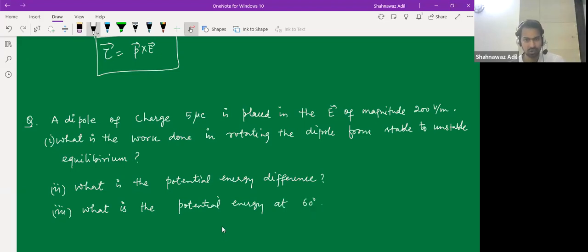I didn't give the distance of the dipole, so I should write it. The dipole moment, and remember this is only the magnitude, let's say 3 coulomb meter.